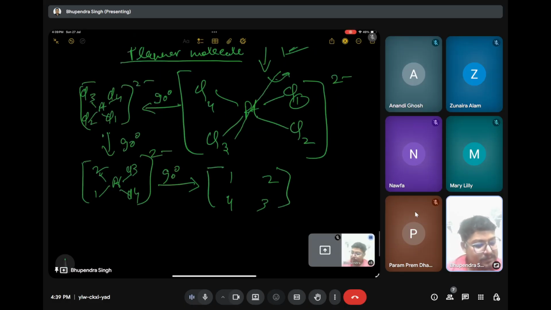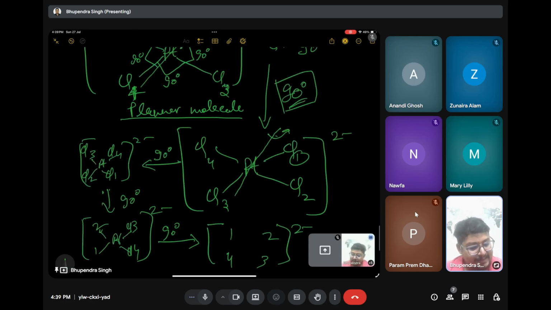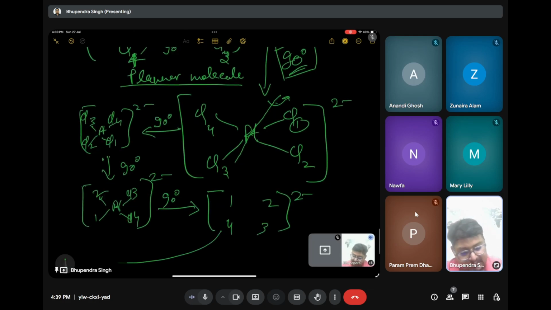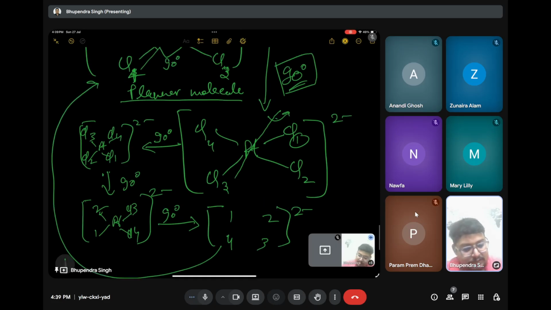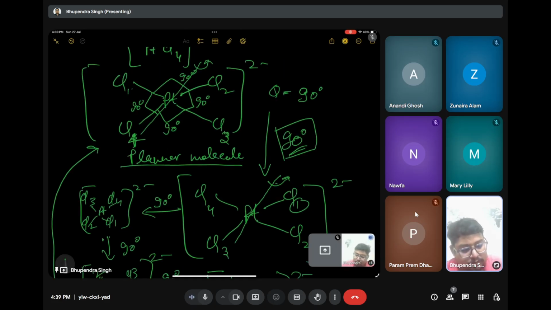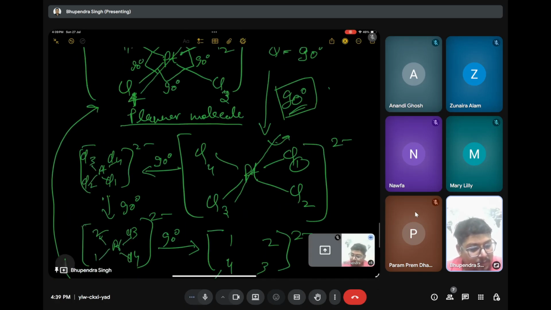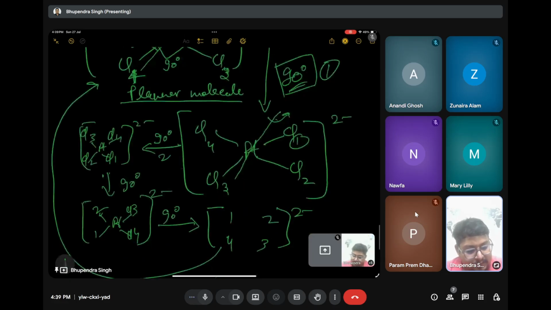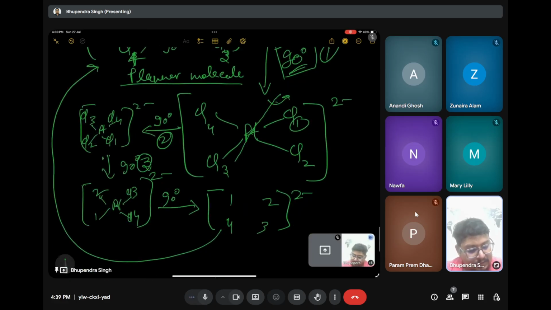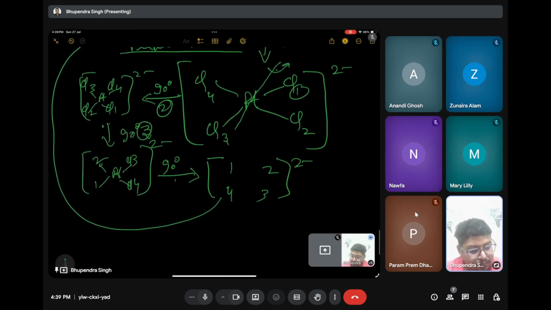So how many operations have you required to reach the identical structure? This is your identical structure here, 1, 2, 3, 4. First operation, second operation, third operation, and this is the fourth operation.